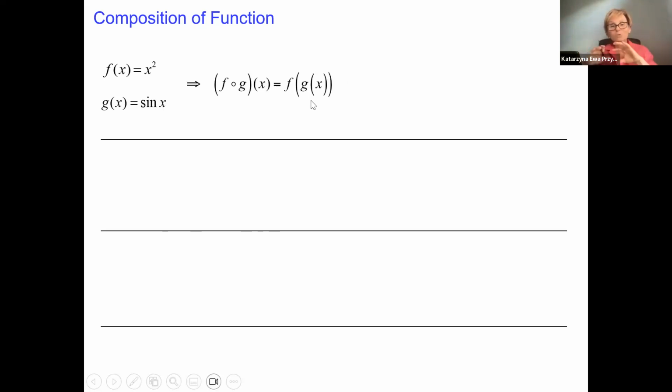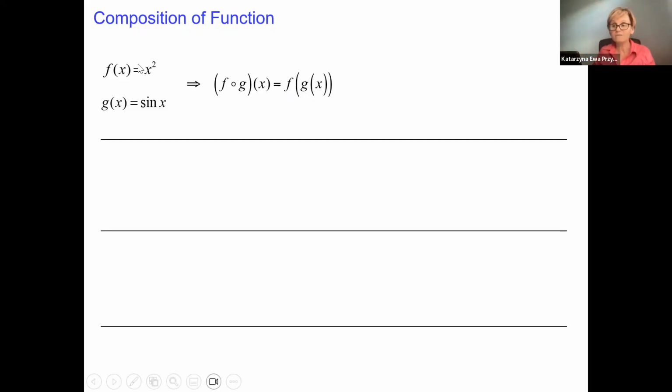Now I would like to make the composition f compound with g. Because, and this is still algebra, pre-calc, if we identify the outer and the inner function, then we will have no problem getting the derivative, because that's the point.